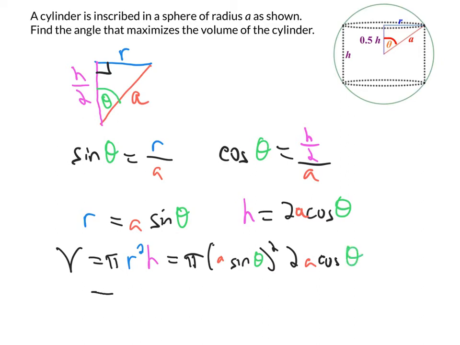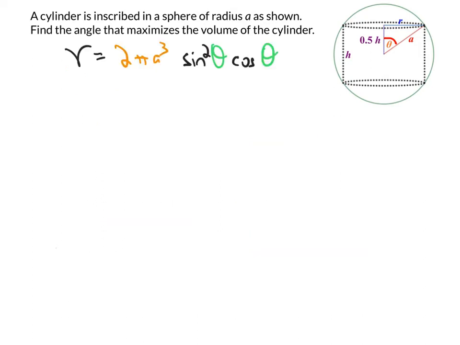Which can certainly be cleaned up and maybe made less multicolor as 2 pi a cubed sine of theta squared cosine of theta. That's the function that we're going to eventually want to optimize.